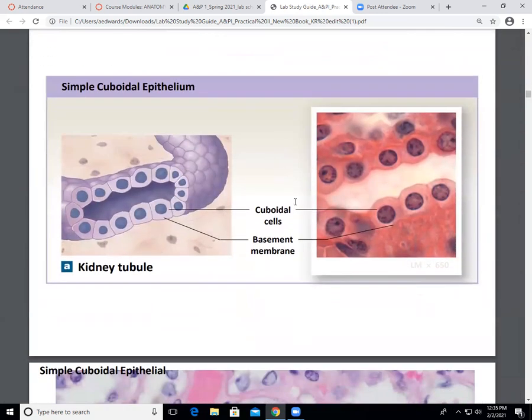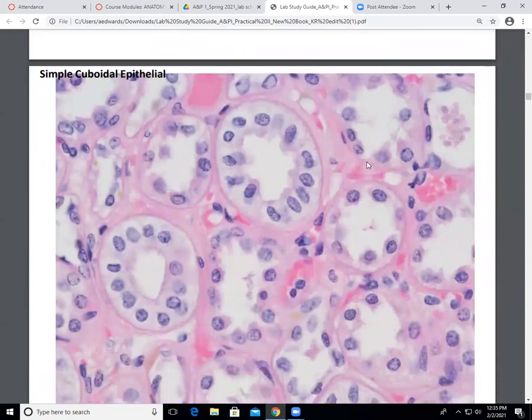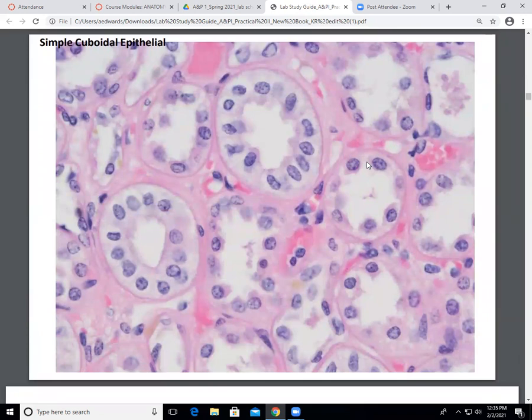There's another view. Now here's a kidney tubule. Cells one layer thick. Simple cuboidal. All right, so here's another view. Like if you were to slice open the tubules, right? One layer. Each cell is basically cuboidal.